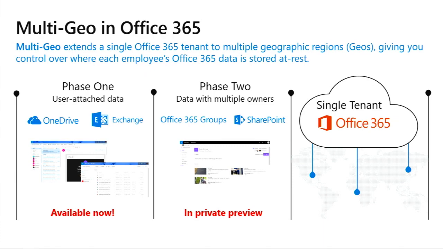This is for Office 365 Groups and SharePoint. Whenever you create a SharePoint site, which is a shared resource, you can specify which geo that site is created in, and the content of that site will be stored in that geo. So this is how we are rolling out phase by phase. We are looking for your feedback on what other workloads you consider for the next phase. Any feedback on that is also welcome.